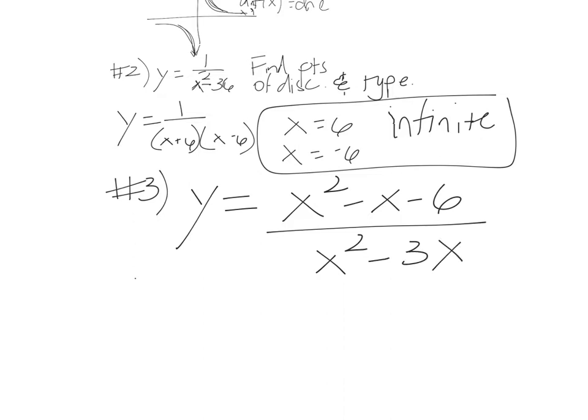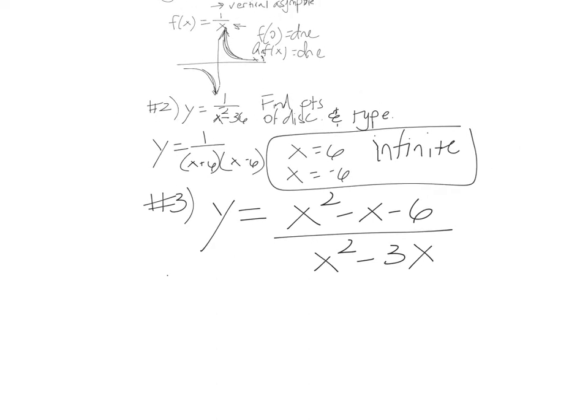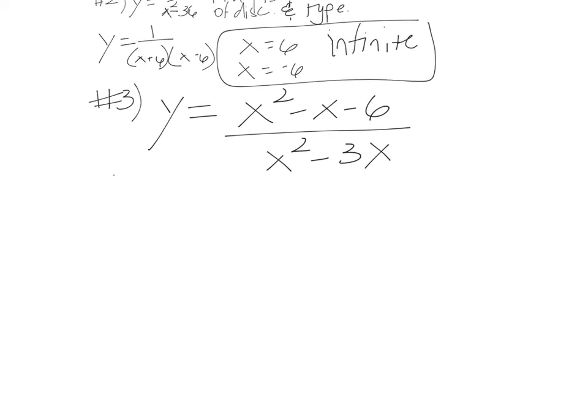Okay, so let's find points of discontinuity here. Yes, we're going to have to factor a lot. Points of discontinuity are going to happen at the zeros, anything that we can't have in our domain. So let's factor the numerator.